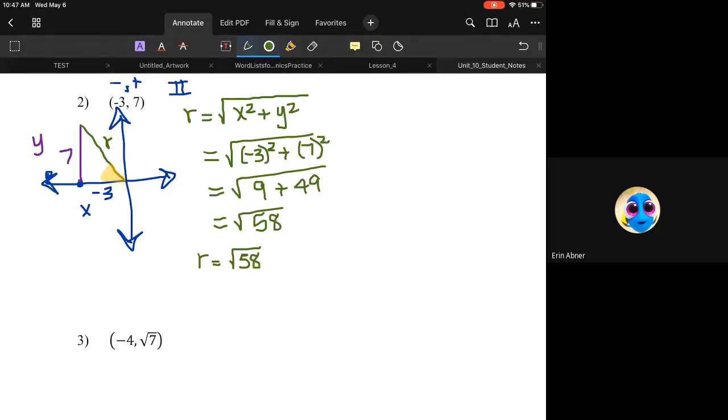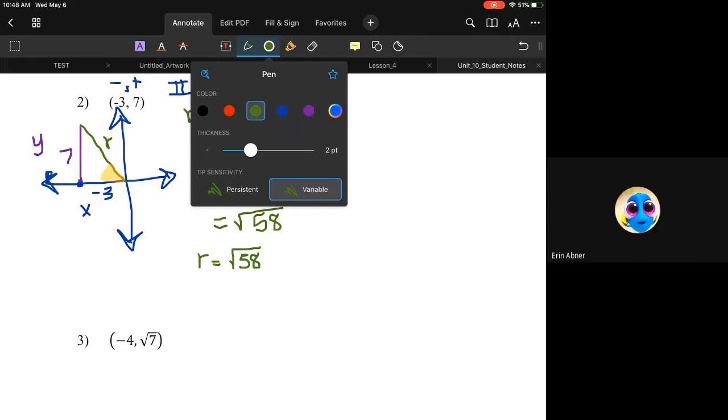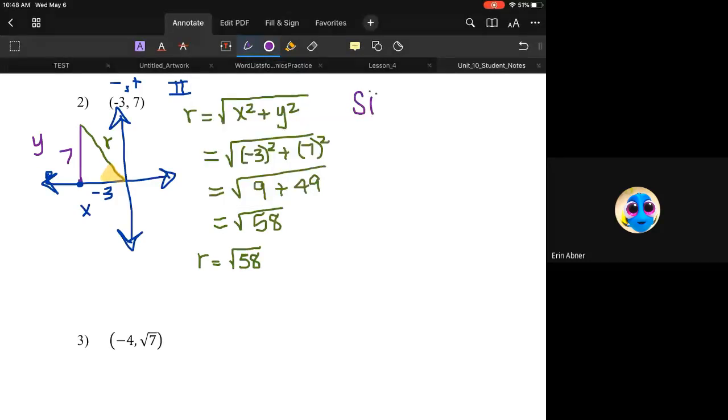Now when I'm looking for my sine, cosine, and tangent, sine of theta is equal to opposite, meaning my 7, over my hypotenuse, which is the square root of 58.